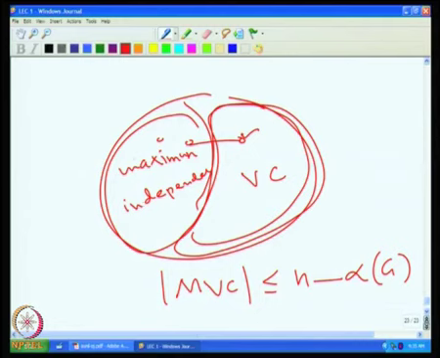This cardinality is alpha of G, because it is the cardinality of the maximum independent set.